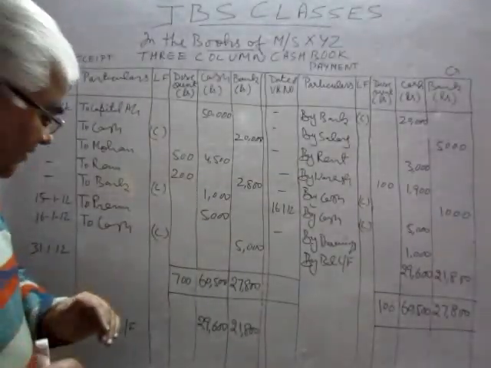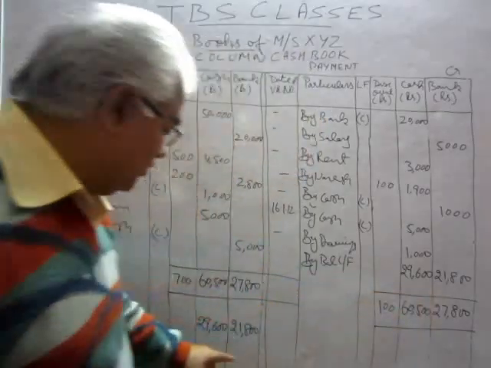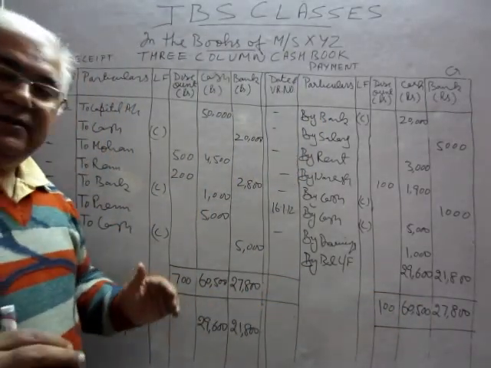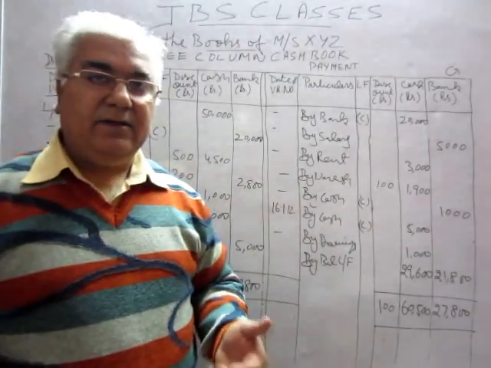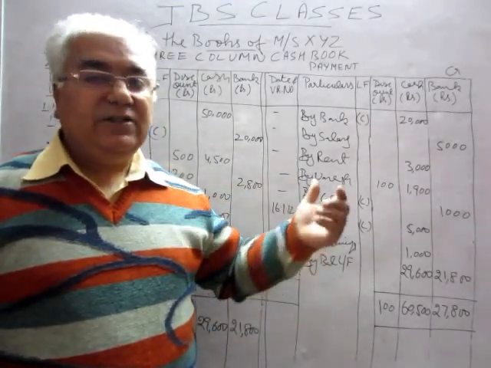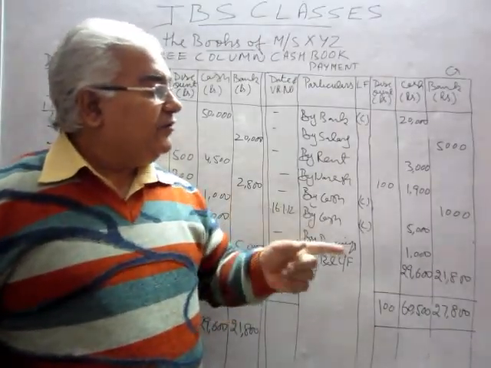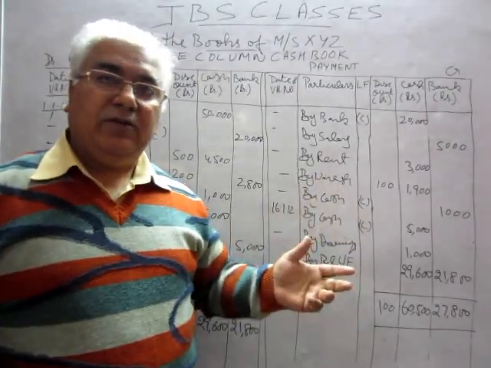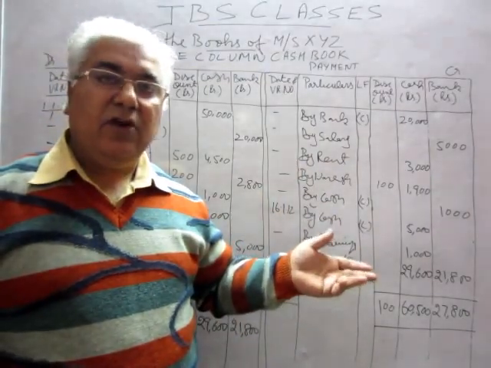Now, by chance in this question, the balance carried forward in the bank account was positive, so it came here. Sometimes, if you have taken overdraft facilities from the bank, that is, the bank has allowed you to draw more than the balance in your account, this is a kind of credit. If you withdraw more than what is in your account, you will have a negative balance in the bank account. This is called overdraft.